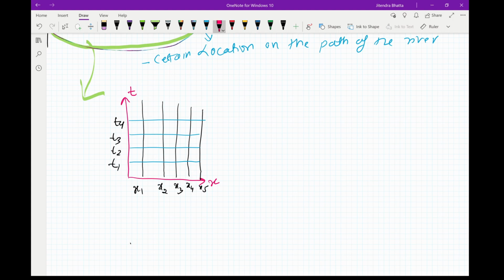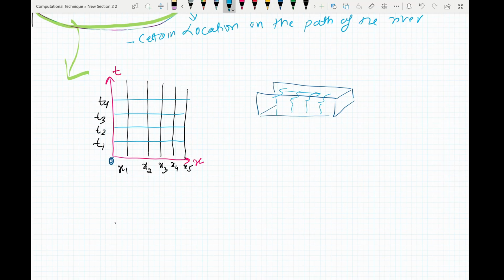Basically, this point here, which is the origin, if you take a channel like this, let's say to a depth of h, and this is our flow q, this is length L. Here this is your origin where x equals 0, and here x equals, let's say, L by 4.